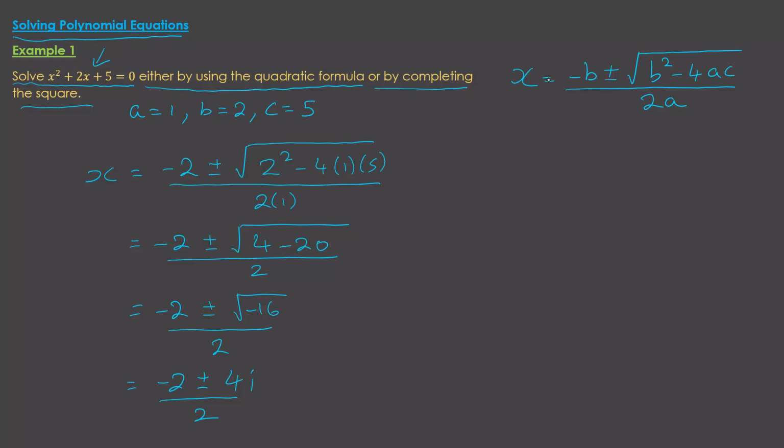So we have negative 2 plus 4i divided by 2, or negative 2 minus 4i divided by 2. And that simplifies to negative 1 take away 2i, or negative 1 plus 2i.